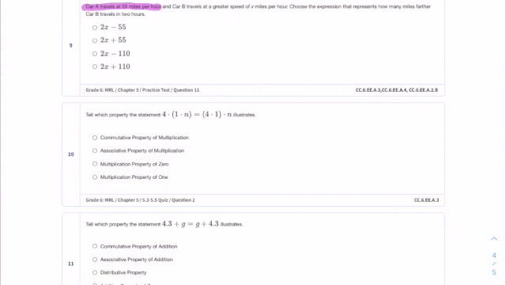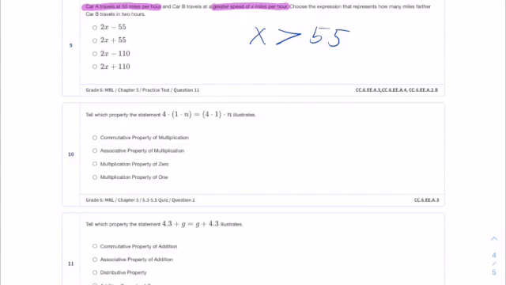Car B travels at a greater speed of x miles per hour. It doesn't tell us for sure, but we know that x is bigger than 55, whatever it is.